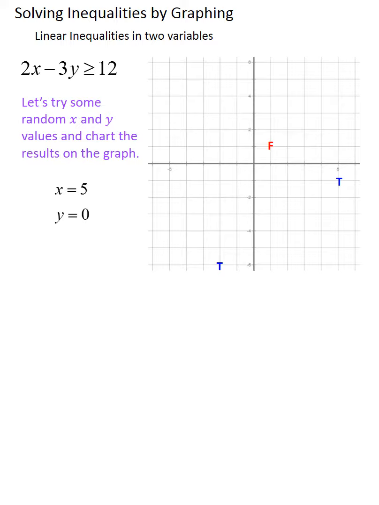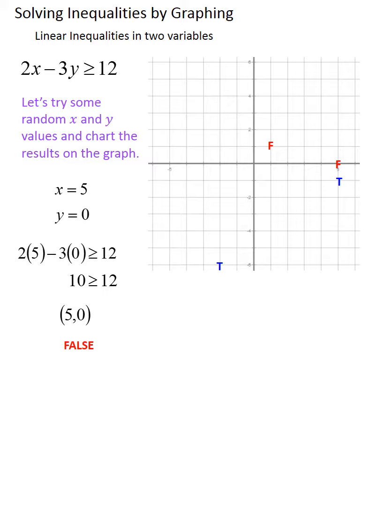Here's another random pair of numbers, 5, 0. Plugging in 5 for x and 0 for y and doing the math gives me a false statement. 10 greater than or equal to 12 is not true. Therefore, 5, 0 does not make the inequality true, and I'll put a false at the point 5, 0 to indicate that.